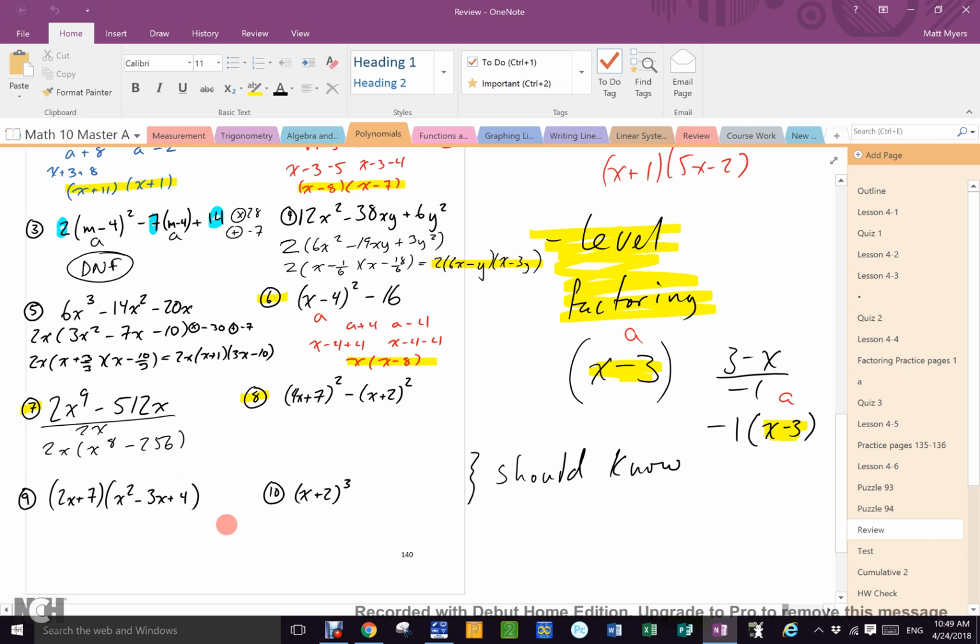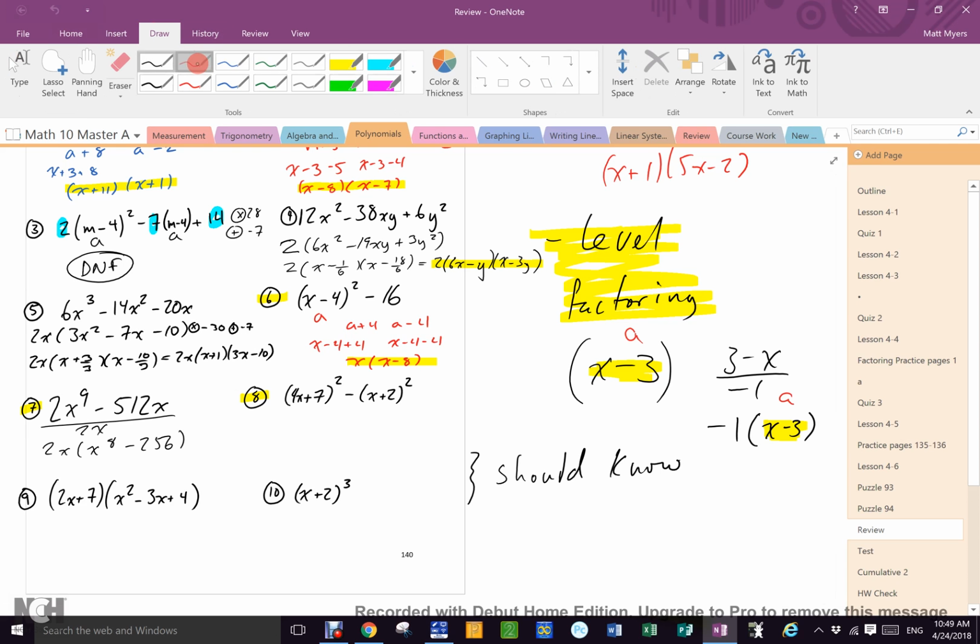It is indeed. Which was 2x, x to the fourth plus 16, x squared plus 4, x plus 2, x minus 2.